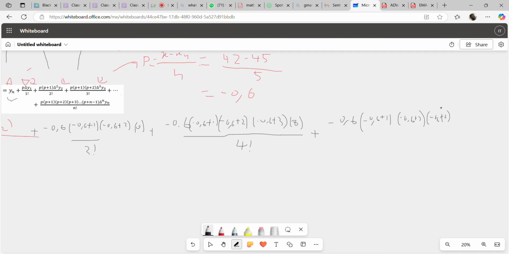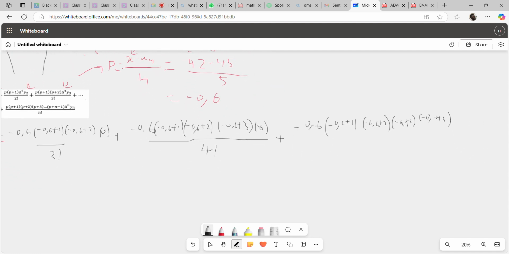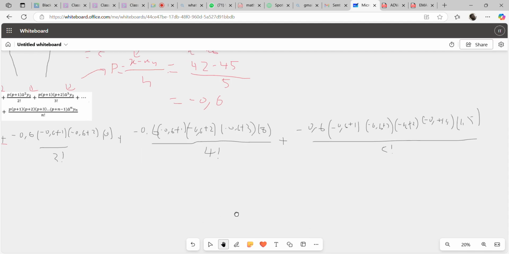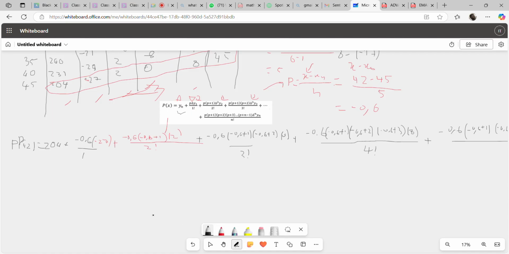You add the last one, minus 0,6 plus 4. You just increase by 1. And the last one is 45. You put 45 over 5 factorial. If you type this on your calculator, I believe you should get the answer that they got. Then you are done. So we did this in 20 minutes.